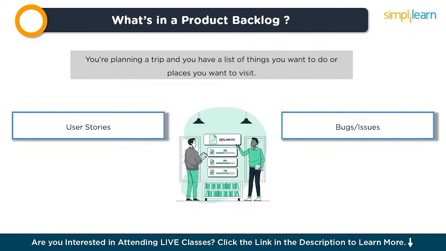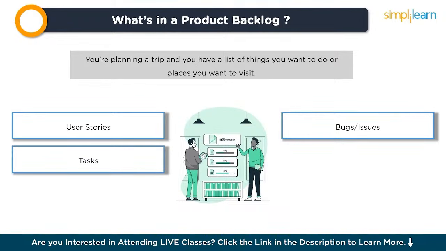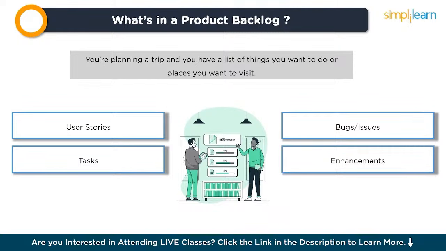Bugs or issues: any flaws or malfunctions within the product are documented here for resolution. Tasks: these entail specific actions necessary for fulfilling a user story or rectifying a bug. Enhancements: suggestions for improving the product's functionality or value, not necessarily related to troubleshooting.